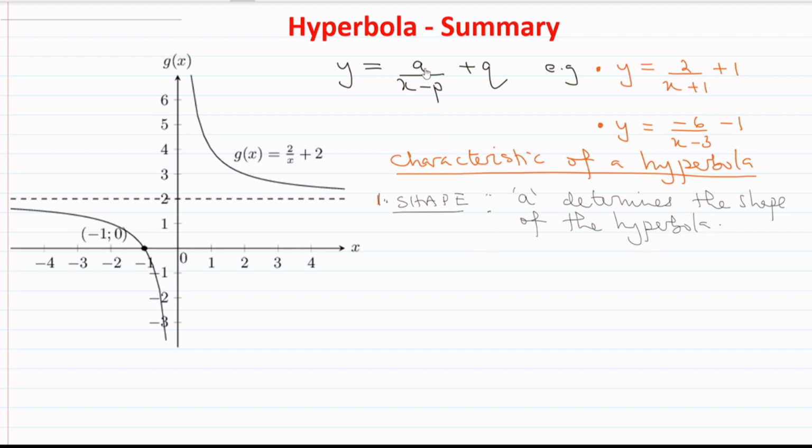So this number here, A, determines the shape of a hyperbola. Now, how do we describe the shape? Remember when we were covering parabola, we described the shape of a parabola as concave up, concave down. Okay, happy face, sad face, some put it as a cap or a cape.